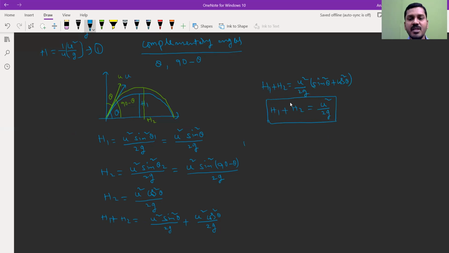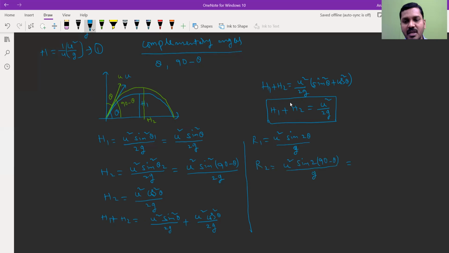Next, range of projectile. Similarly, I am calculating. First one, range of the first body R1 is equal to u square sine 2 theta divided by g. So directly substituted here, in place of theta 1 is theta. And similarly, second one, R2 is equal to u square sine 2 into (90 minus theta) divided by g.